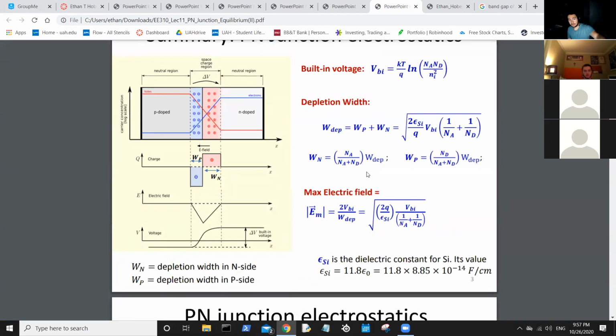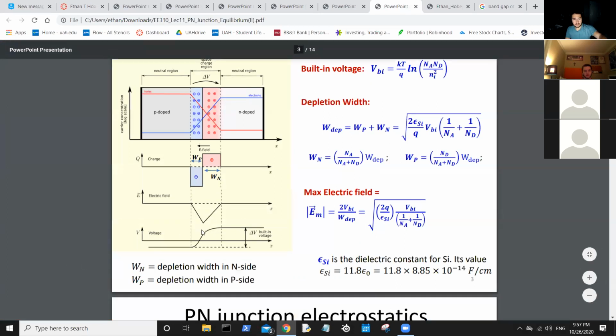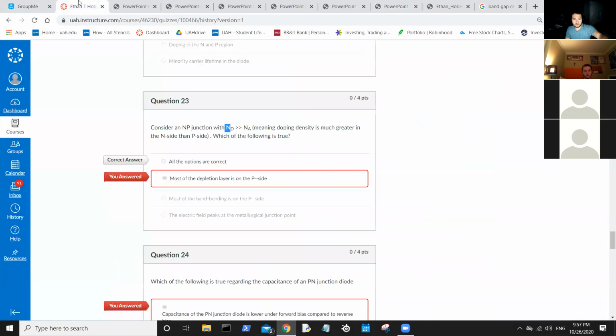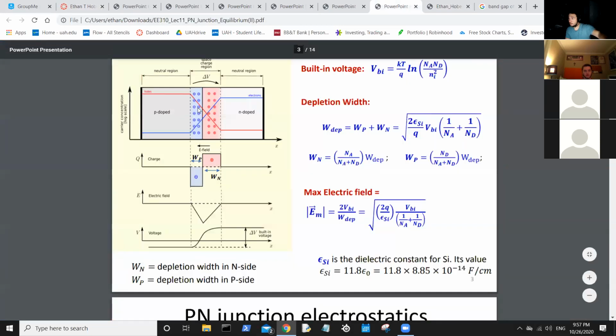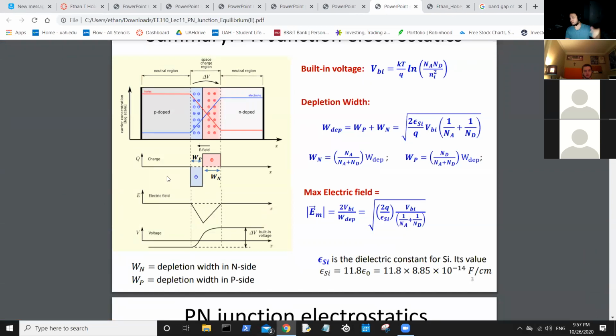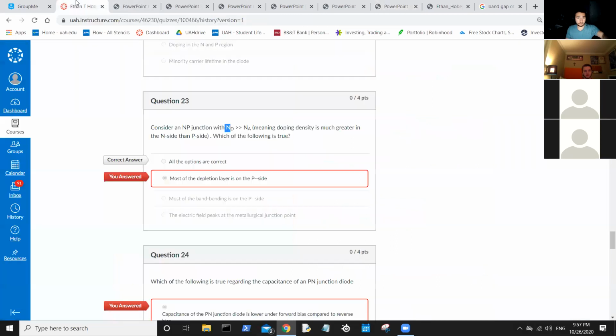Also true, because if we remember, the higher the doping density, the smaller its portion of the depletion width is. So if ND is orders of magnitude higher than NA, this thing's going to look like a sliver on the N side and a massive chunk on the P side. That ratio is going to be way off, like 0.1 versus 0.9 or something even bigger. Because of that, we can know this is correct.